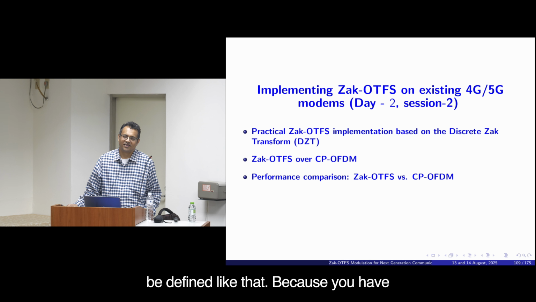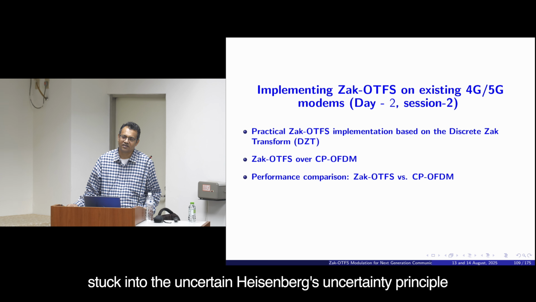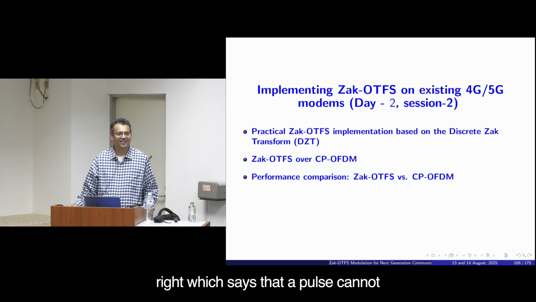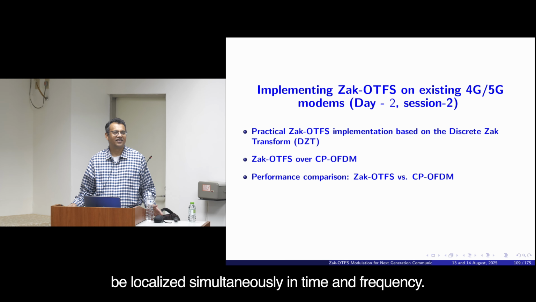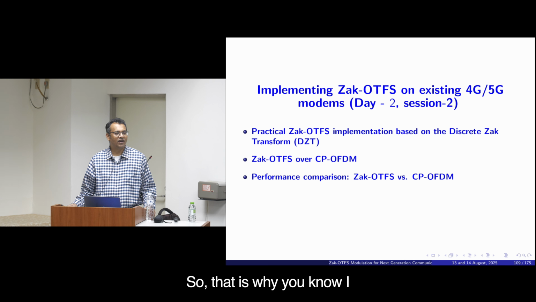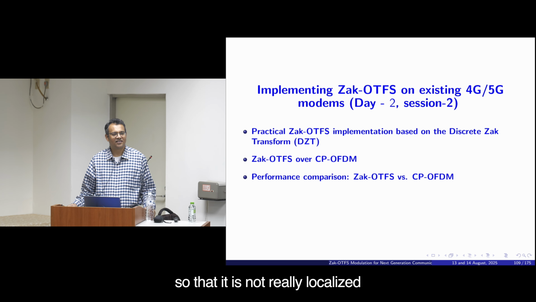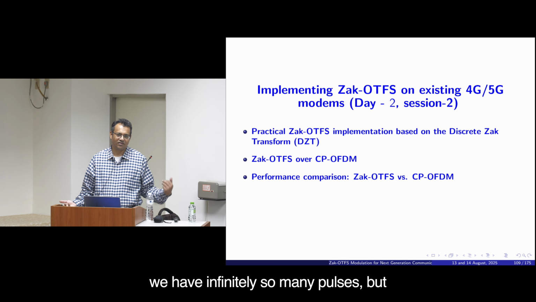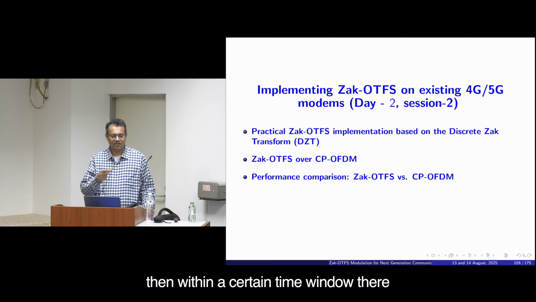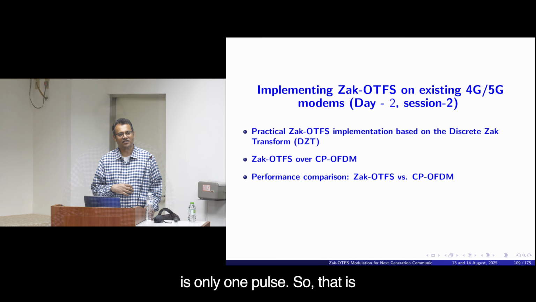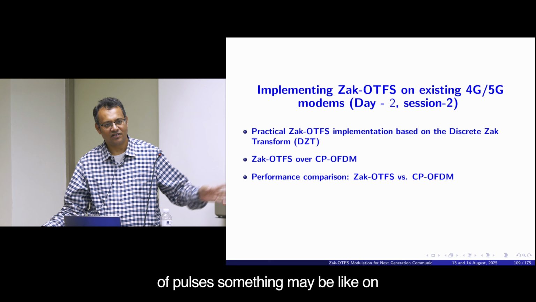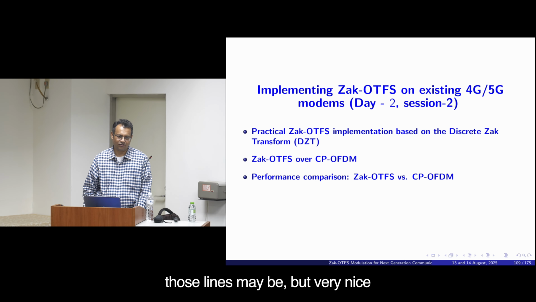You have to somehow avoid getting stuck in Heisenberg's uncertainty principle, which says that a pulse cannot be localized simultaneously in time and frequency. So that is why I have to create infinitely many pulses, so that it's not really localized. We have infinitely many pulses, but within a certain time window there's only one pulse. So that's why I have to generate a train of pulses, something maybe along those lines.